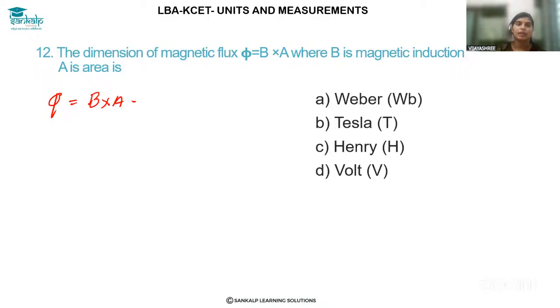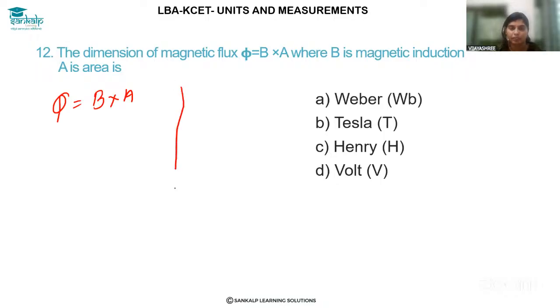So phi is B into A, where B means magnetic induction.